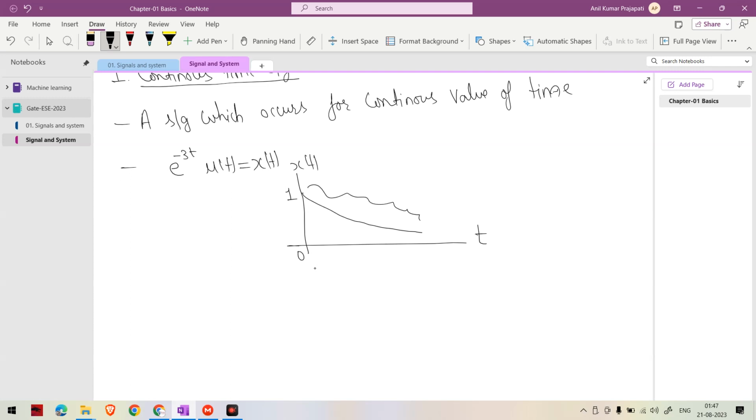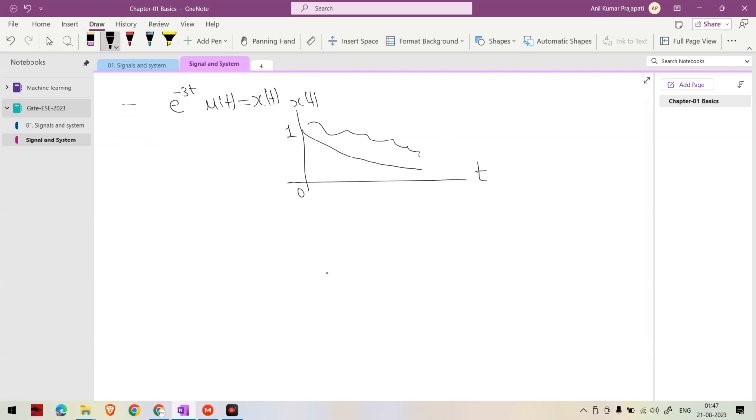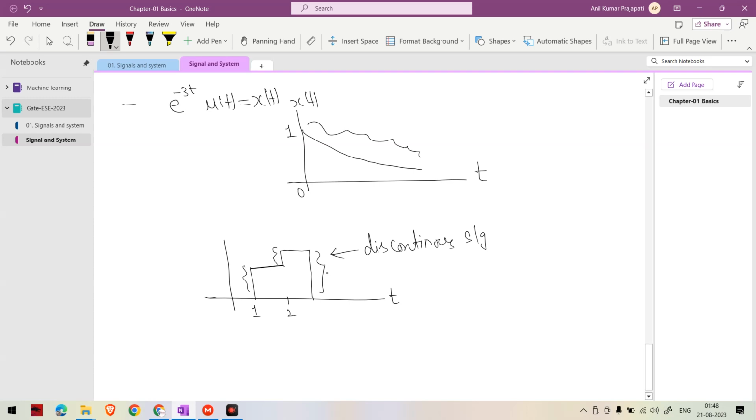If you don't understand this point, I will tell you. For example, if there is a signal like this, it contains one discontinuity, two discontinuities, and three discontinuities. It is a discontinuous signal. Let's say this is 1, this is 2, and this is 3.